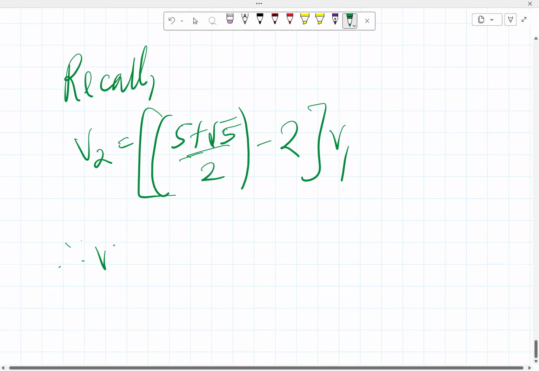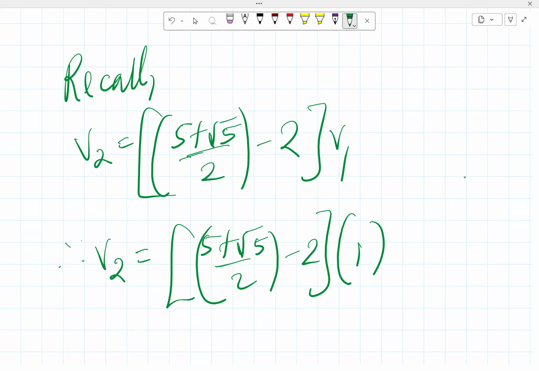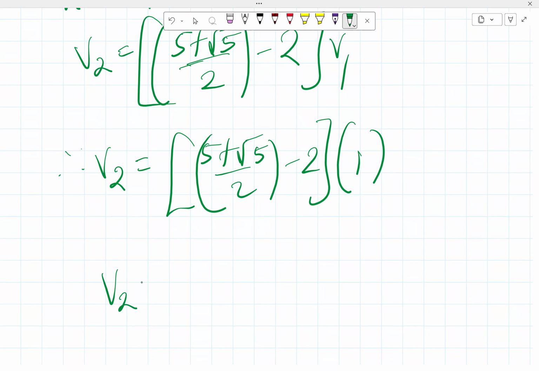Therefore, V2 is equal to 5 plus root 5 all over 2 minus 2 times V1. V1 is 1. So V2 now is equal to 5 plus root 5 all over 2 minus 2.